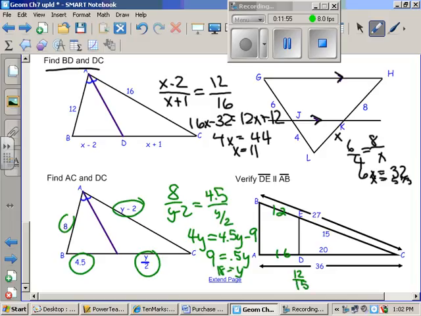So 12 to 15 should be equal to 16 to 20. Reduce these, like they're both divisible by 3. So I get 4 over 5 on the left. And on the right, both divisible by 4, I get 4 over 5 again. So I can say that DE is parallel to AB by the converse of the side splitting theorem.